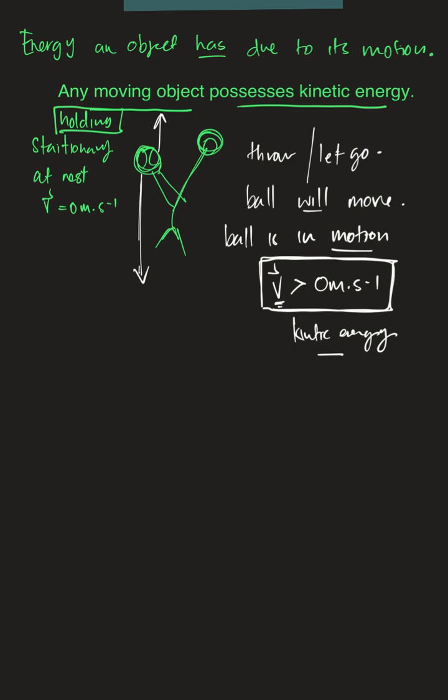Let's have a look at the formula for kinetic energy. The formula is: kinetic energy is equal to half multiplied by the mass of the object times velocity squared.